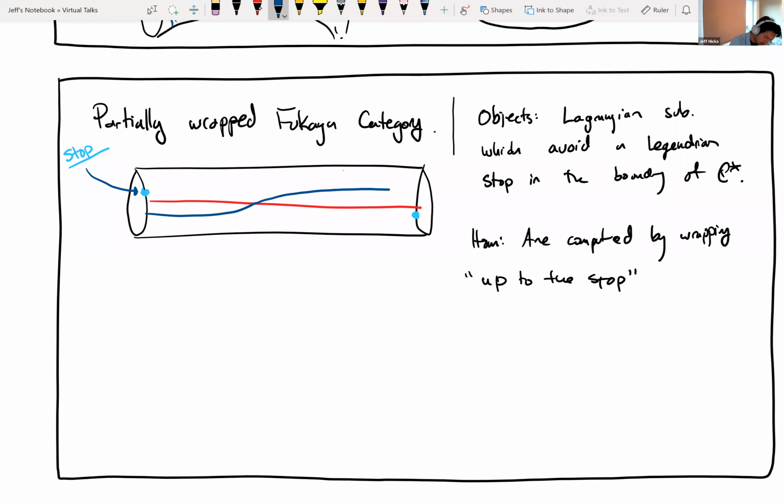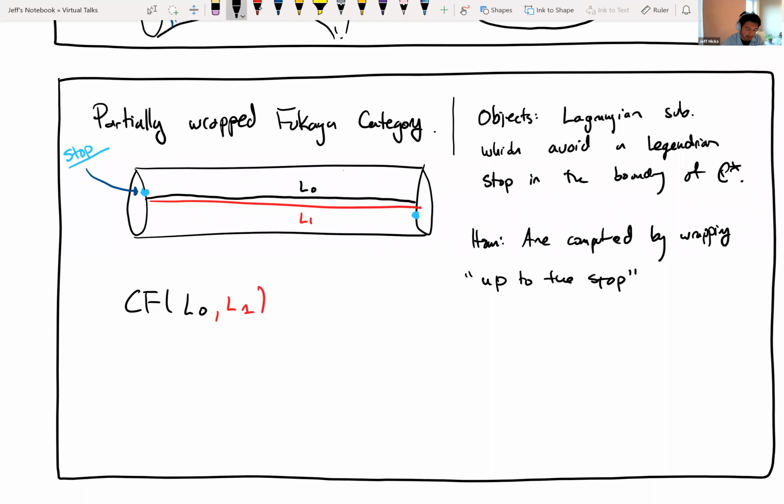So if I wanted to compute, say, the Lagrangian intersection Floer theory between this red Lagrangian and this blue Lagrangian, maybe let's make them parallel. So if this is L0 and this is L1, and I want to compute CF(L0, L1), then in order to do that computation, I have to take this first component and wrap it to the stop.